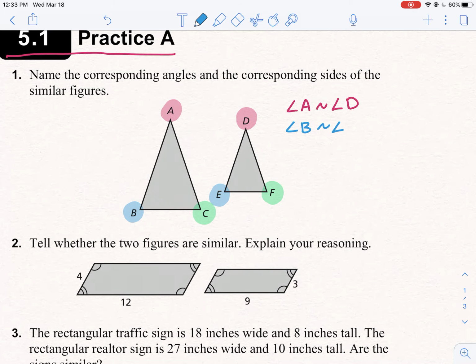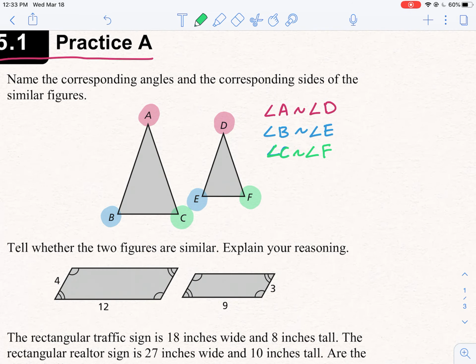So angle B corresponds to angle E, angle C corresponds to angle F. So that's it, 3 sets of corresponding angles. Because it's a triangle, you have to have all 3 sets.